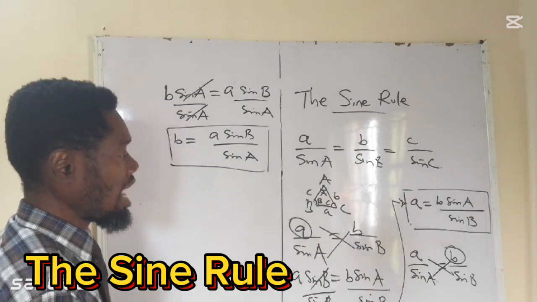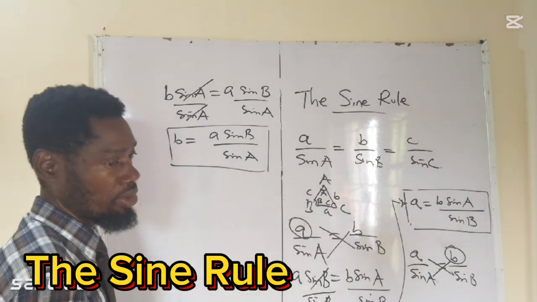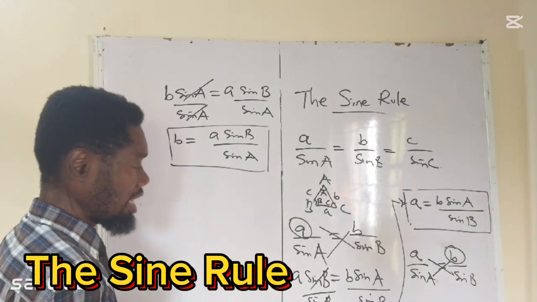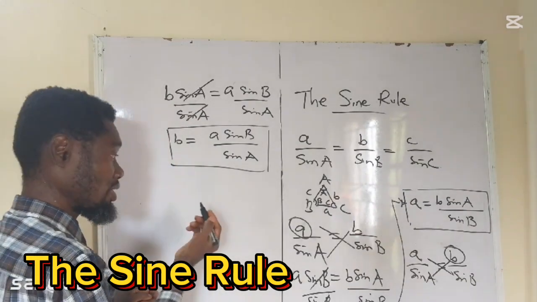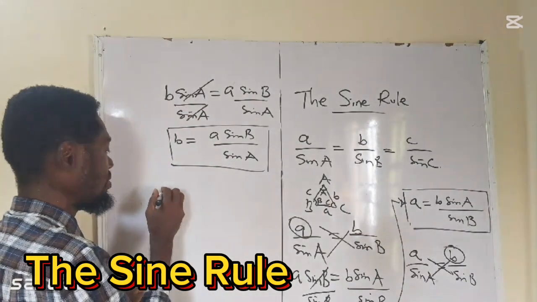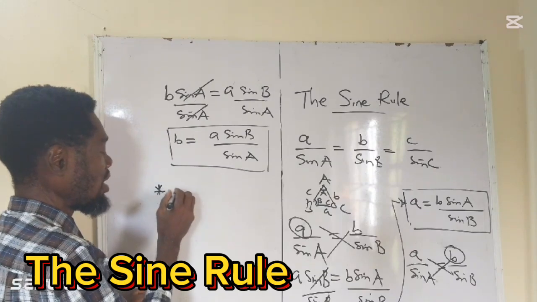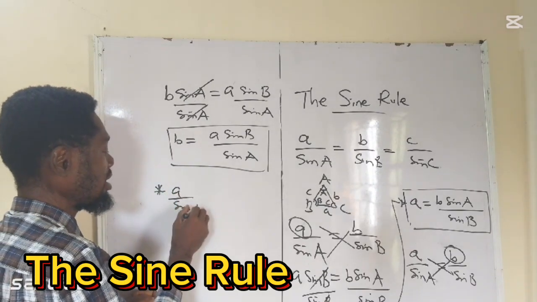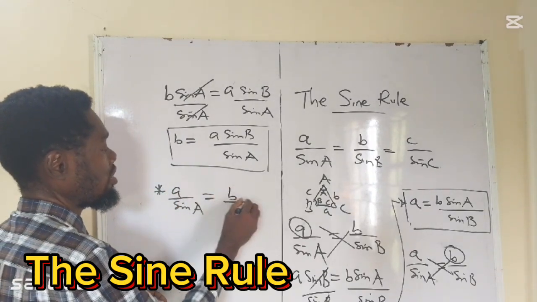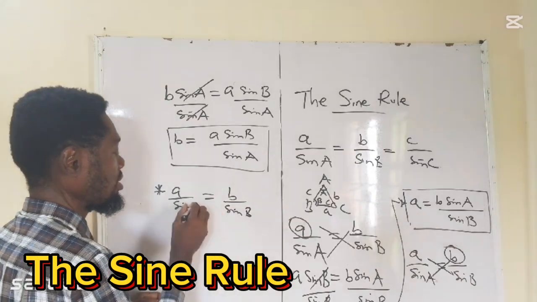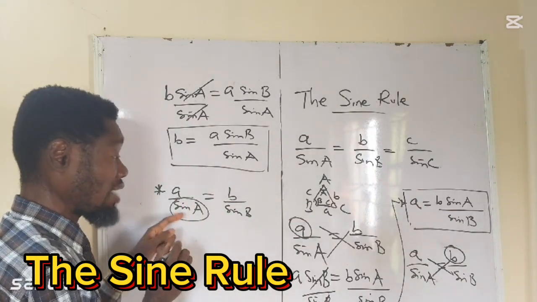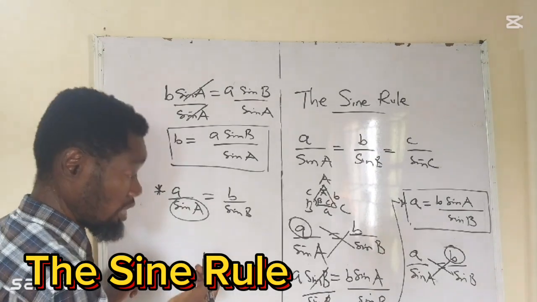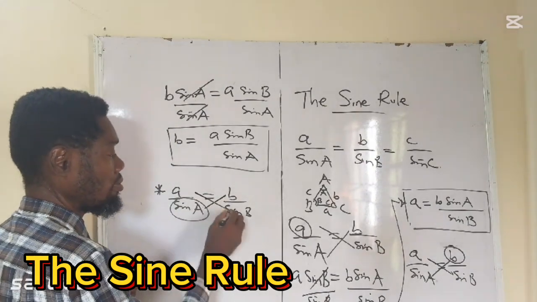Now, what if we are asked to find any of the angles given to us? Let's start with angle A. Restate the formula: a over sine A is equal to b over sine B. You're looking for angle A, so the same method applies: cross multiply.